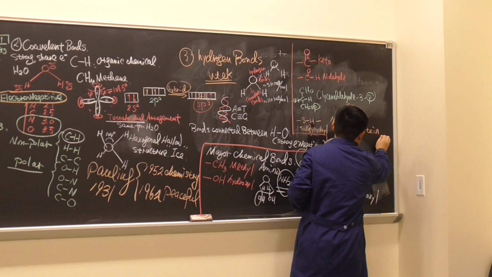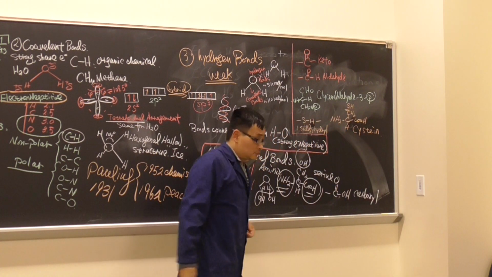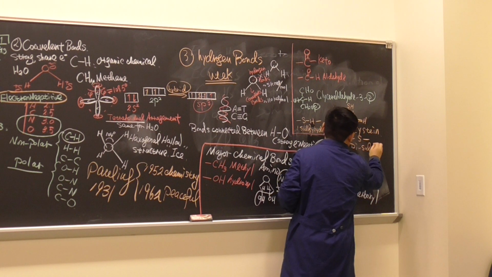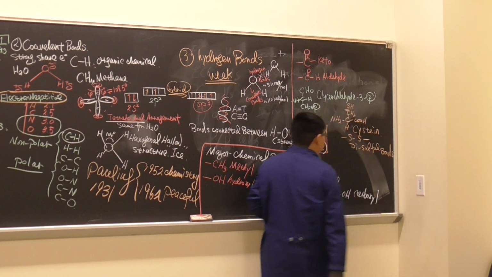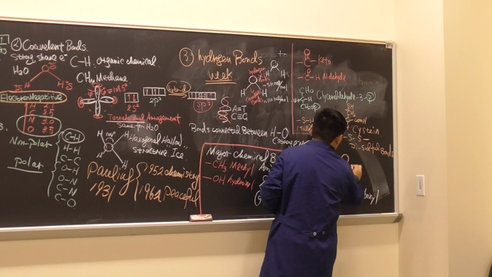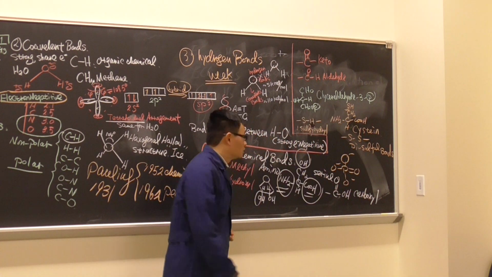Cysteine. It has a sulfur. Cysteine basically can connect to become a sulfur bond. What is the last one we're missing? What is this one? Phosphate.